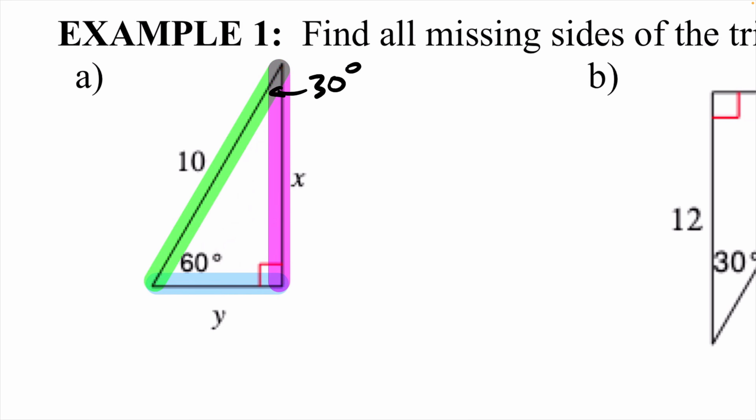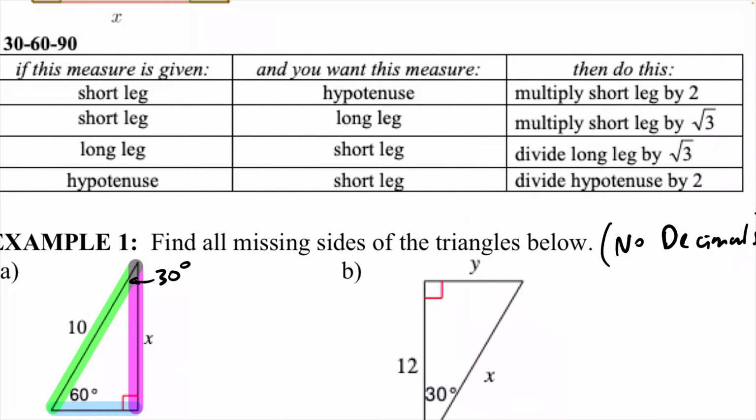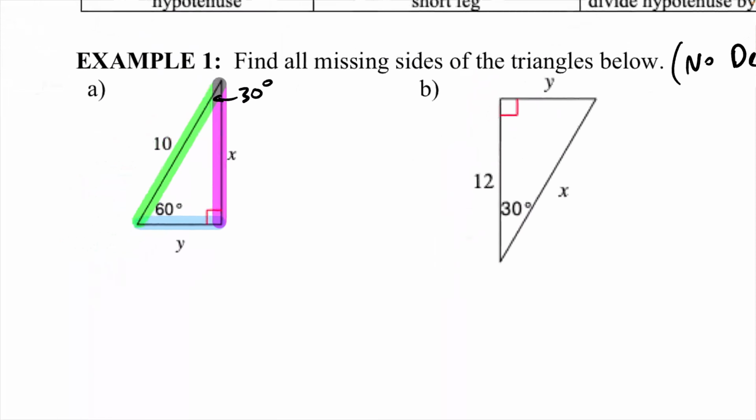Okay, so let's go up to the table here. The left side says, what do I have? I have the hypotenuse. And it says, okay, if you're trying to find the short leg, that's true, I am, divide the hypotenuse by 2. Divide the hypotenuse by 2, okay? So we want to find the short leg. So let me write this down here.